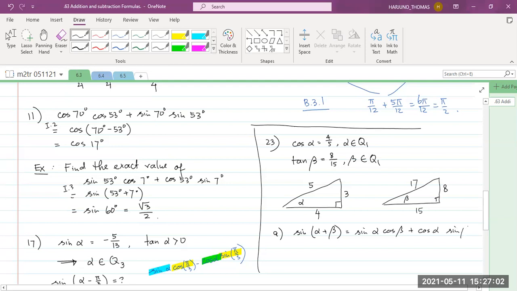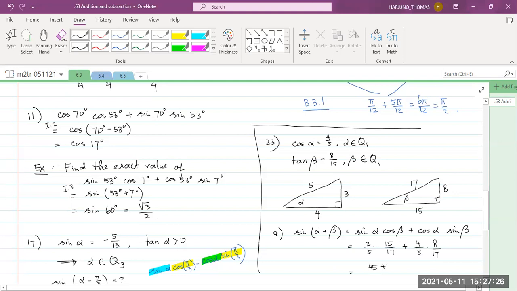Write down the formula first as always, okay? And then you plug in numbers. Sine alpha is 3/5. Cosine beta is 15/17. Cosine alpha is 4/5. Sine beta is 8/17. Now we want to keep LCD.